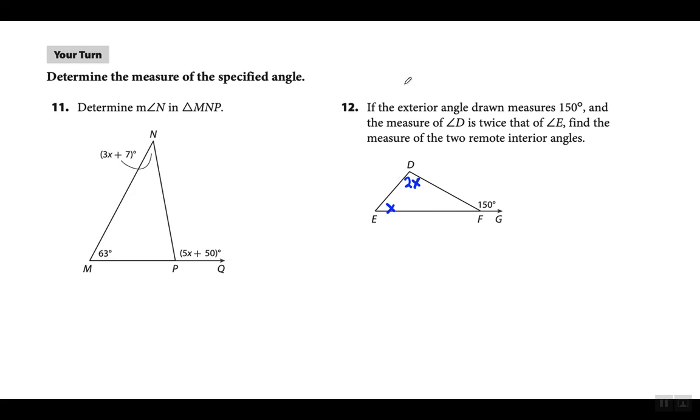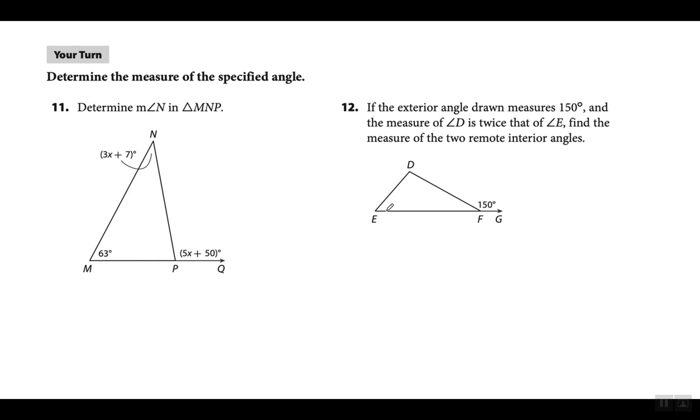En español, si el ángulo exterior dibujado mide 150 grados, ya eso está escrito. Pero miren esta parte. Y la medida de ángulo D es 2 veces la medida de ángulo E. Encuentren la medida de los dos ángulos interior remoto. Ok, aquí no escribieron nada. Ok, pero dice que la medida de ángulo D es 2 veces la medida de ángulo E. ¿Sabemos qué es la medida de ángulo E?